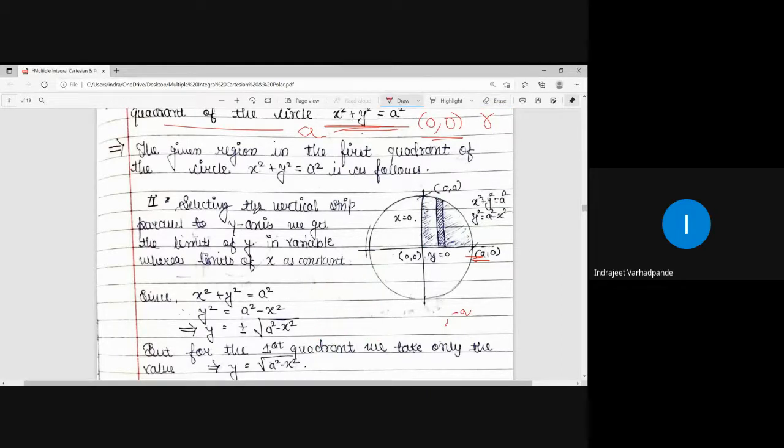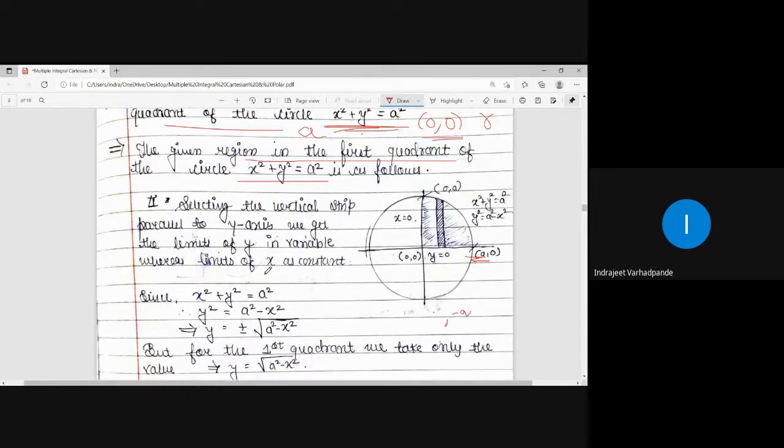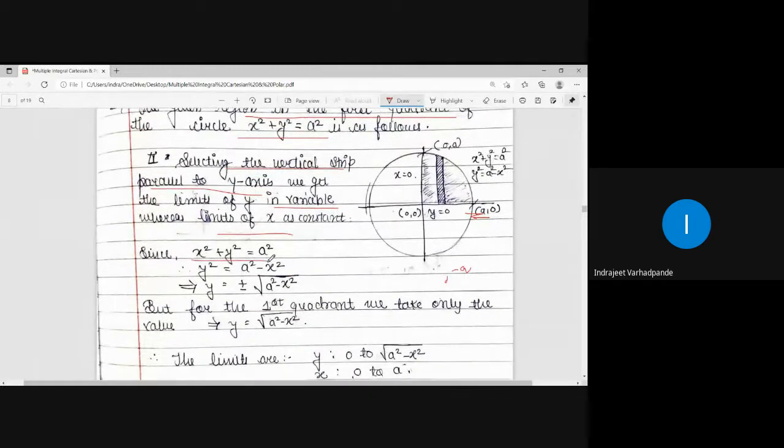So solution: the given region is the first quadrant of the circle x square plus y square equal to a square, as follows. Draw the circle with center at origin and radius equal to a. Selecting the vertical strip parallel to the y-axis, we get variable limits of y, whereas limits of x are constant. x square plus y square equal to a square, y square is equal to a square minus x square, y is equal to plus minus under root of a square minus x square.